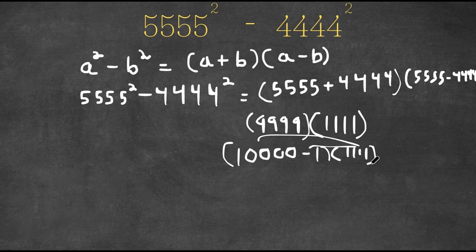So now 1,111 times 10,000 is simply 1111 with 4 zeros. So 1, 2, 3, 4. Minus 1,111 times 1 is just 1,111. So now we have this problem, a huge number minus 1,111, and we could simply do this on paper.